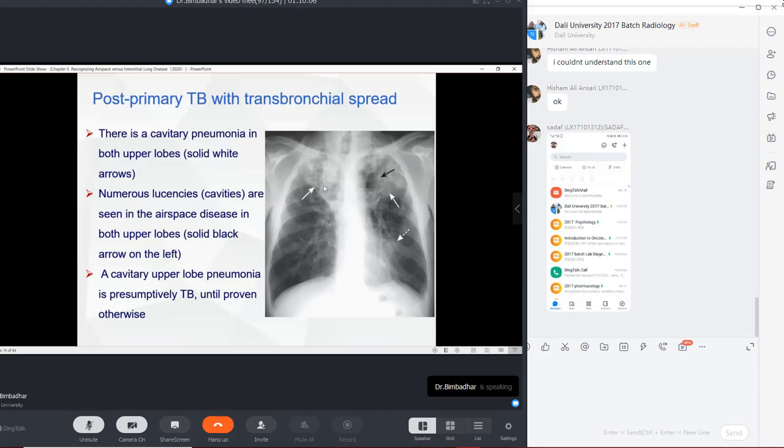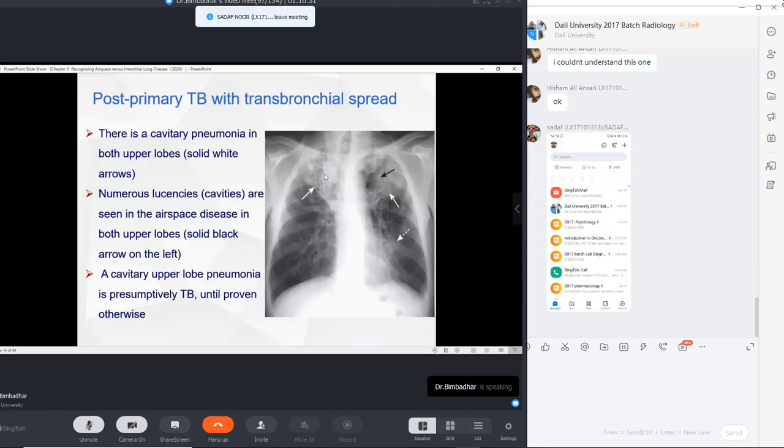And you see here there is also one black lucency. Numerous cavities are present. These radiolucencies indicate that there are cavities. And you see here there is a cavitary pneumonia, one big cavity along with complete collapse of the interstitium there. And alveoli are filled up with inflammatory fluid.